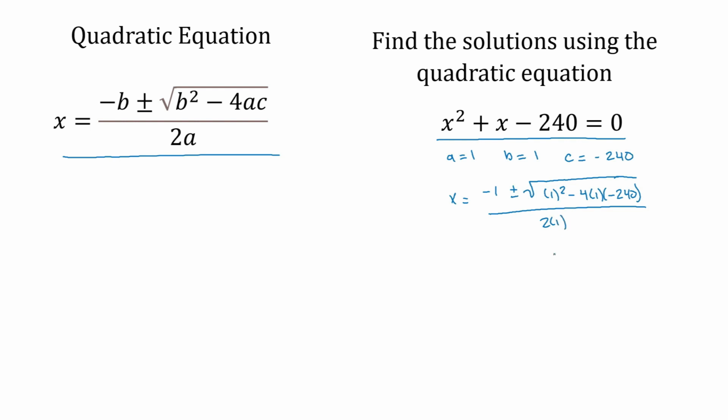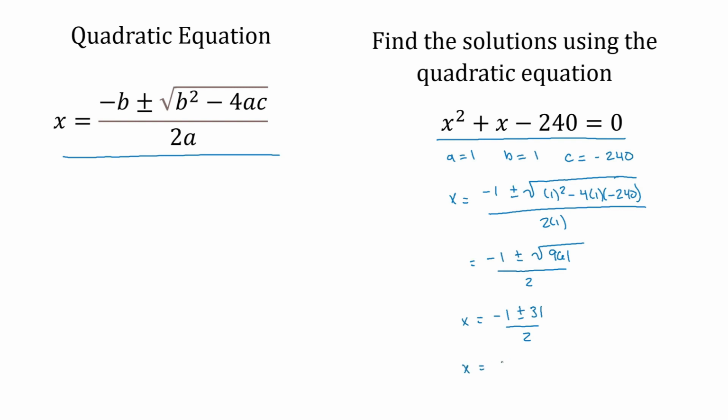So now at this point, I just need to simplify. So this is going to be -1 plus or minus the square root of 961 over 2. I'm going to go ahead and take that square root. So this is -1 plus or minus 31 over 2. So you can see how this is going to give us two roots.